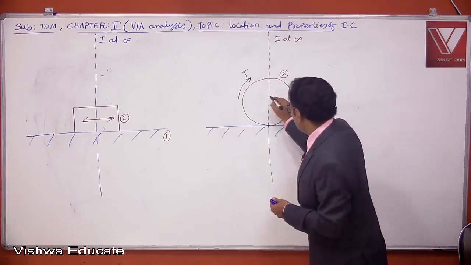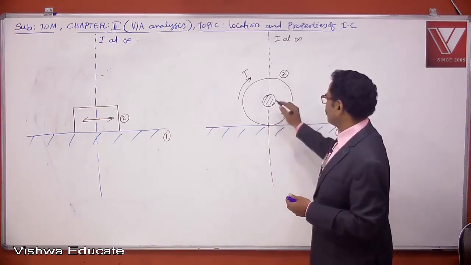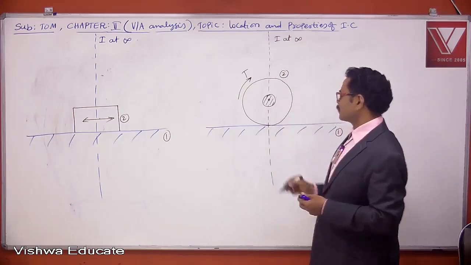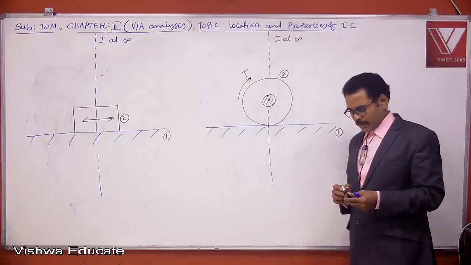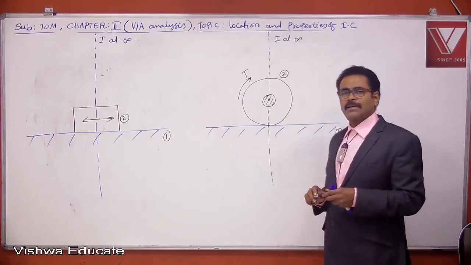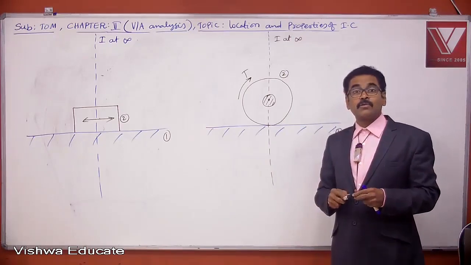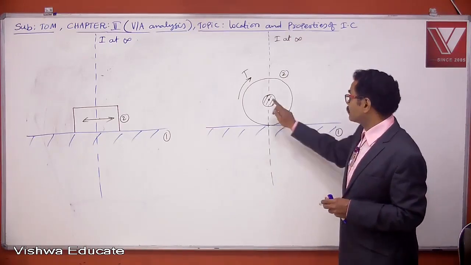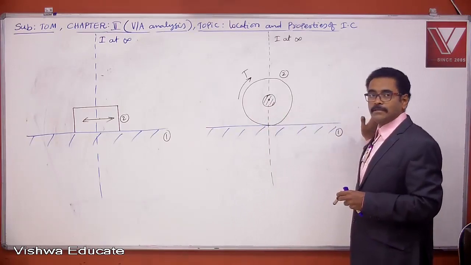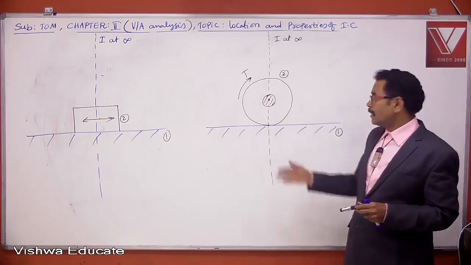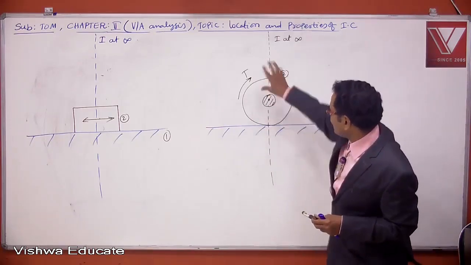Maybe this disk is connected to a shaft like this. This is the center of shaft or center of disk. Because of torque, this disk is rotating about this point without translation. It is not moving anywhere. At the same point, it is turning.